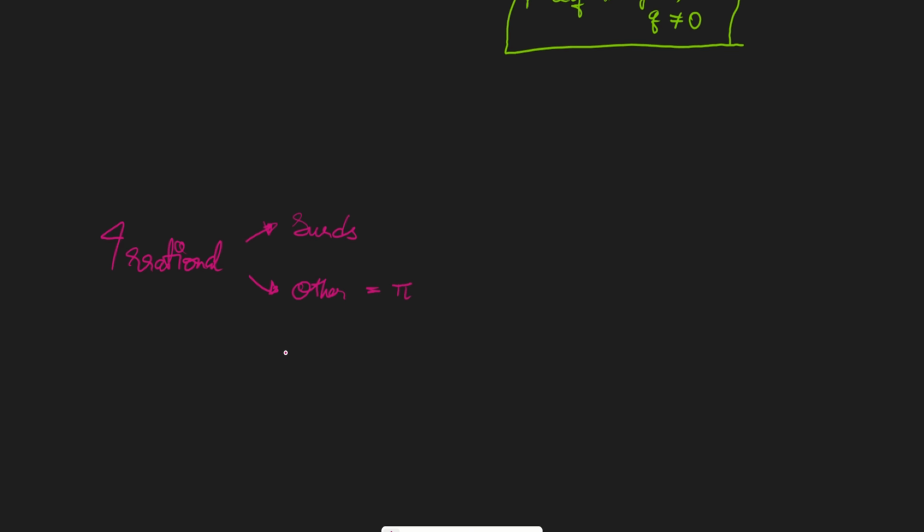Pi is irrational because it can't be expressed in P by Q, where P and Q are integers. Now surds are numbers like root of 2, root 3, root 5, root 6, root 7, root 8, root 10, etc. Now you may notice that I've skipped root 1, root 4, and root of 9.